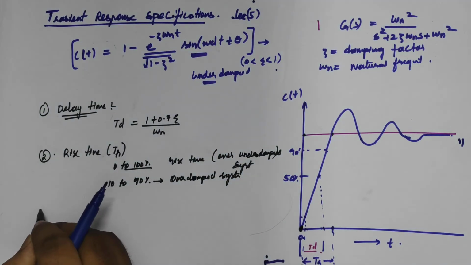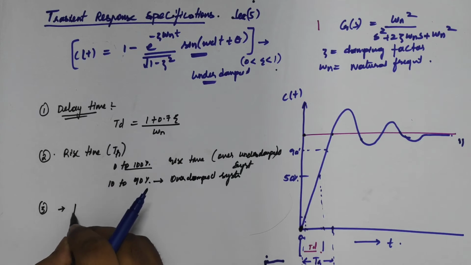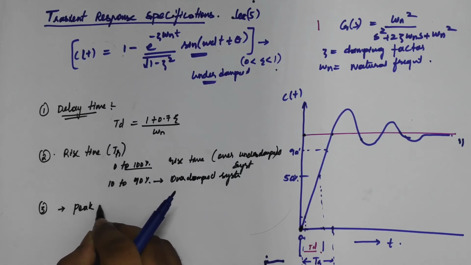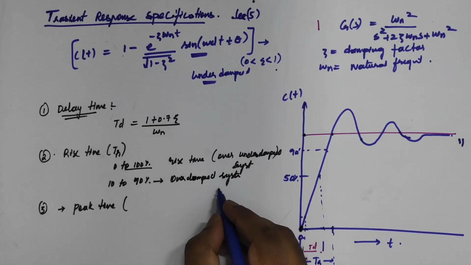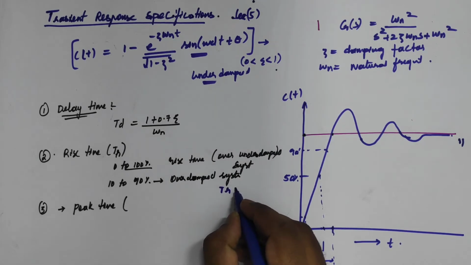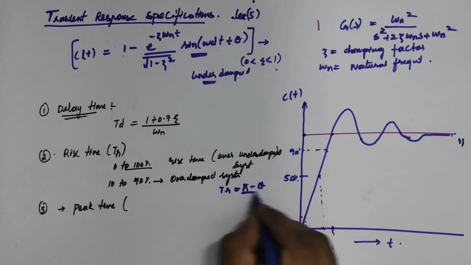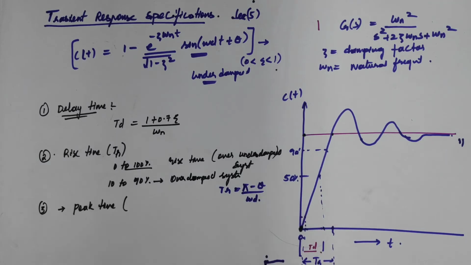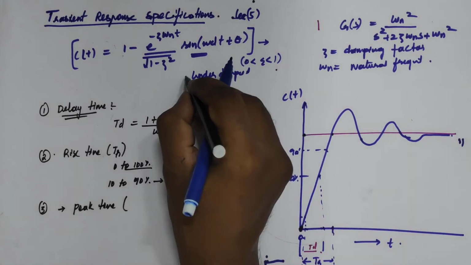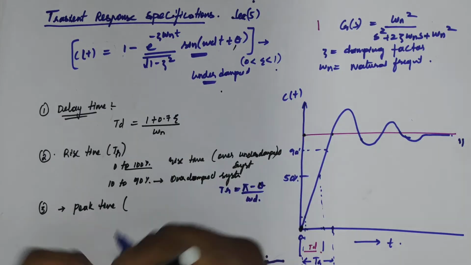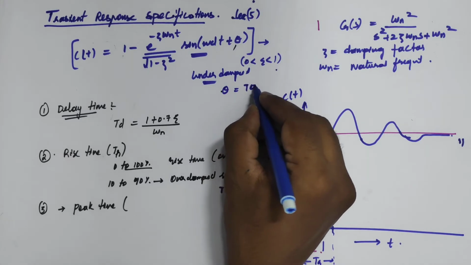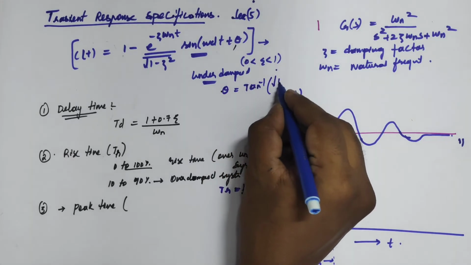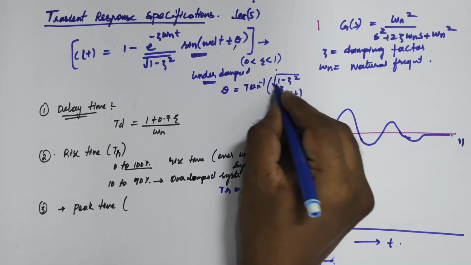The third time specification is peak time. The peak time is given by Tp equal to pi minus theta by omega d. Here theta, from this expression, is tan inverse of root over 1 minus zeta square by zeta.